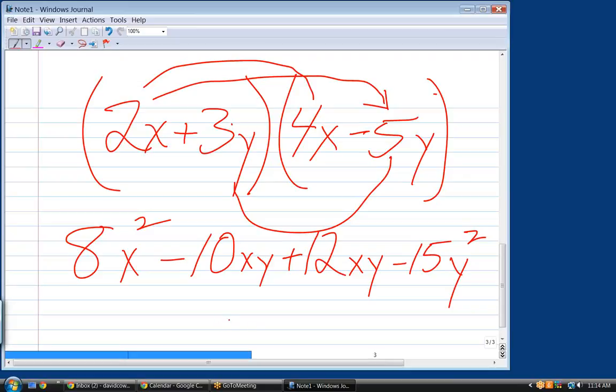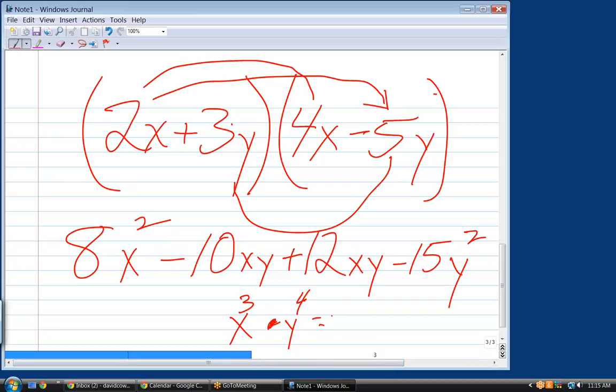Let's talk about that for a moment. If I multiply x cubed times x to the fourth, I'm going to add those exponents, and I can write that as x to the seventh. So whenever I'm multiplying something that's the same, in this case x, I can combine them. But if I multiply x cubed times y to the fourth, I can't combine those.